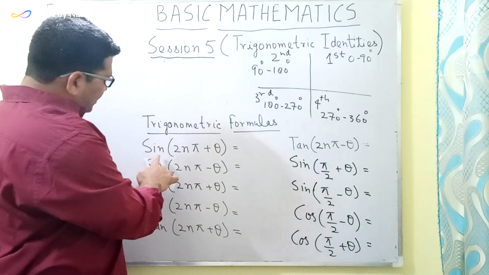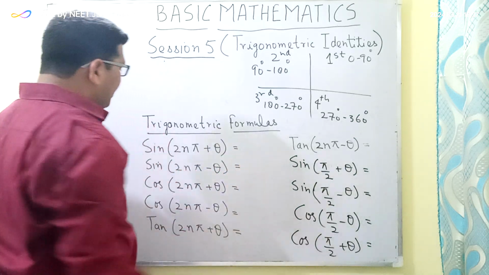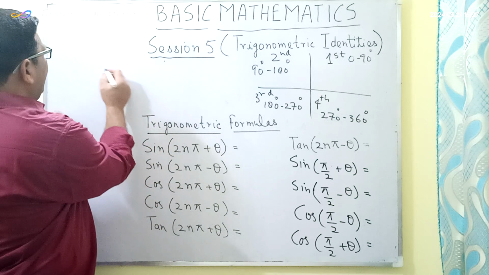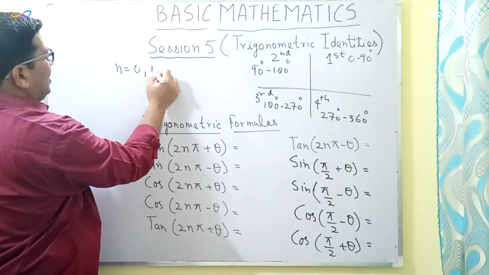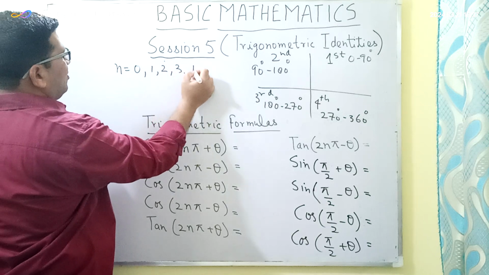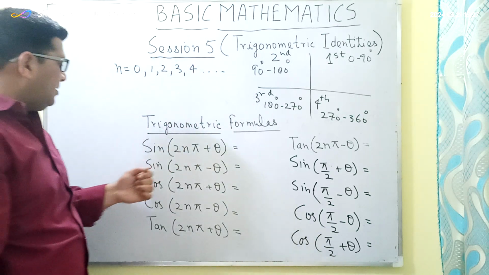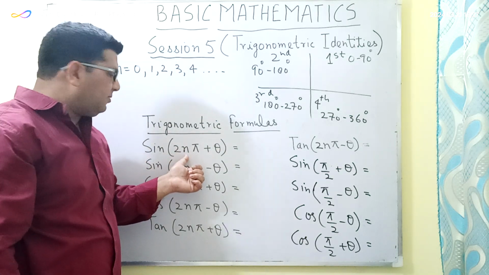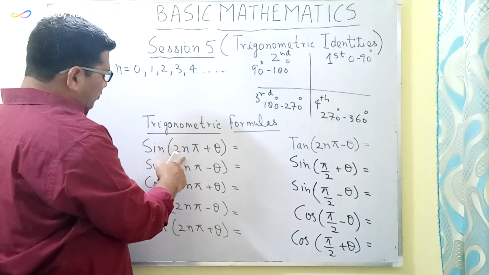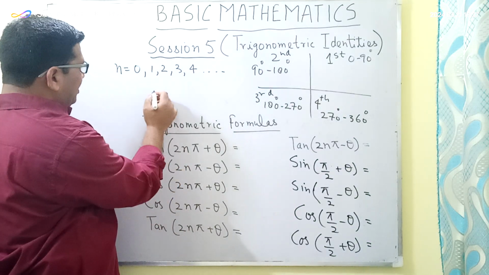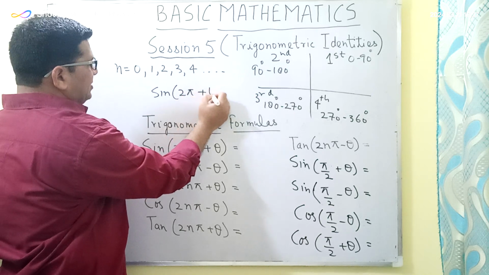The first one, sine of 2n pi plus theta, we have to find its value. Here n is basically 0, 1, 2, 3, 4 and so on. Let us put n equal to 1. So this becomes sine 2 pi plus theta.